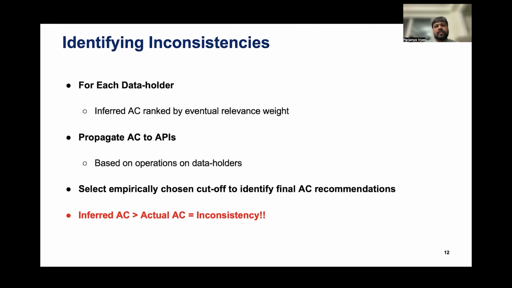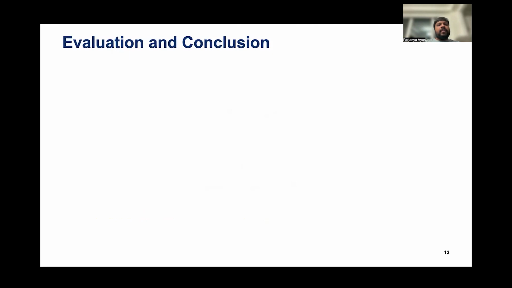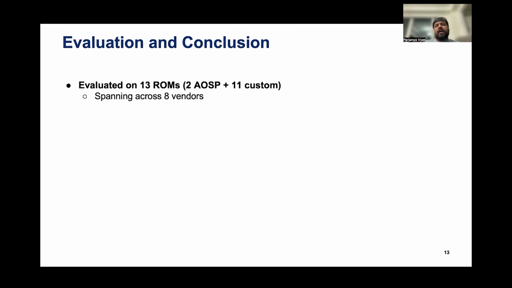as an inconsistency. We evaluate Ariadne on 13 different ROMs, which span 8 vendors, including Samsung, Xiaomi, ZTE, and so on, and span Android versions 8 through Android version 14.